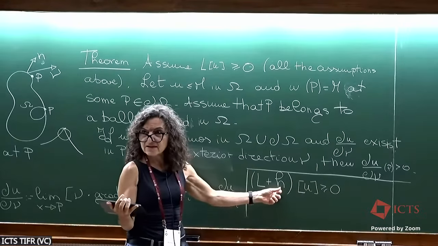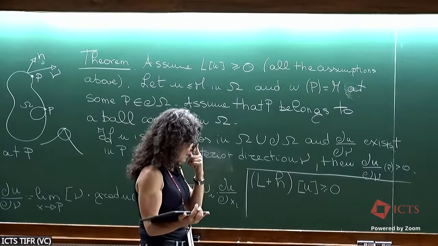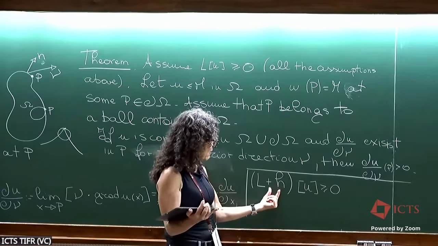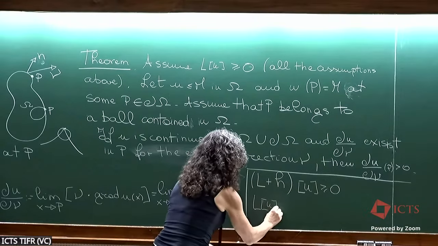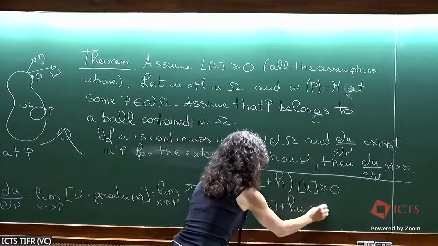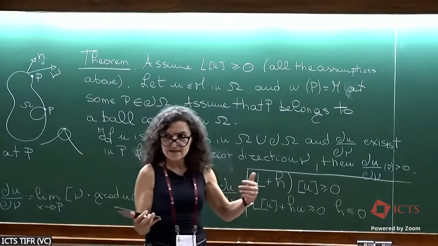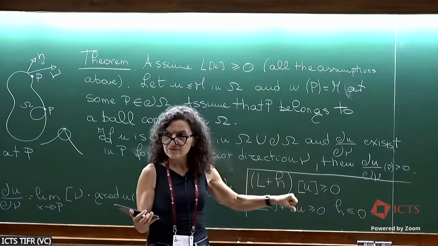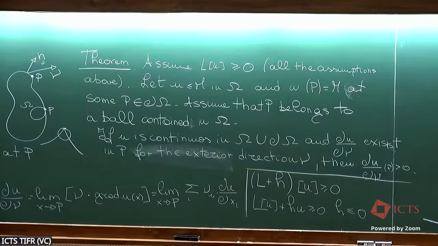Remember that at the end of the class last time, we extended the interior maximum principle to the case where you have L of u plus hu larger or equal than 0 with h smaller or equal than 0. Then also in this case, you cannot have a boundary maximum that is not negative. So everything holds.